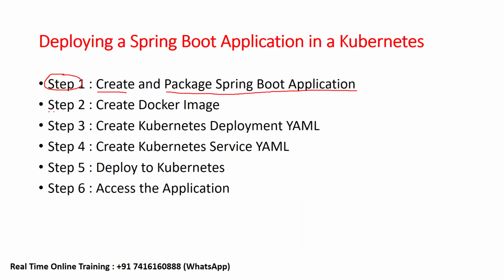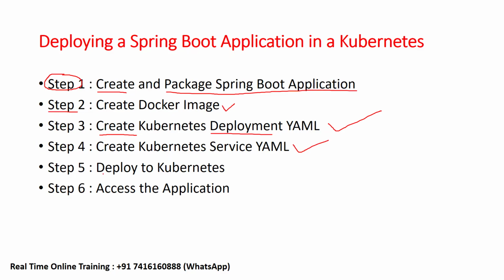Then step two, we need to create a Docker image for your application. Then we need to create the Kubernetes deployment YAML file configuration and the Kubernetes service YAML file configuration. Step 3 and step 4 play a very critical, important role in the deployment activity.